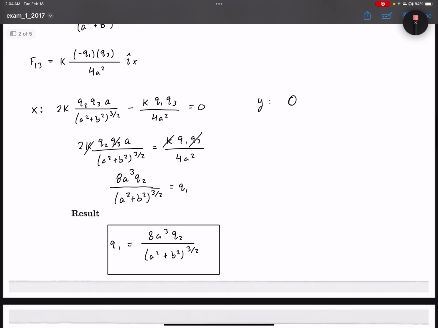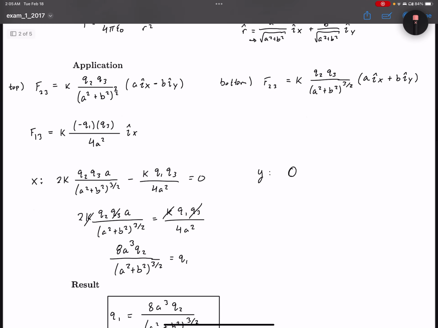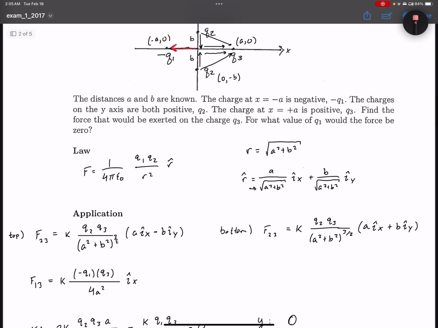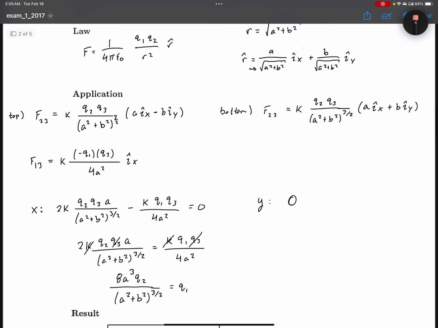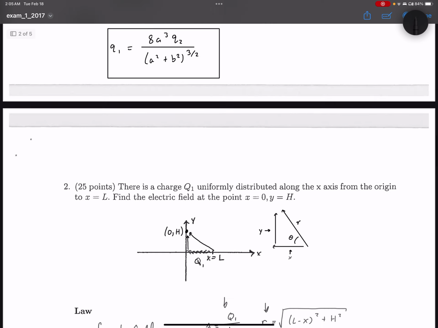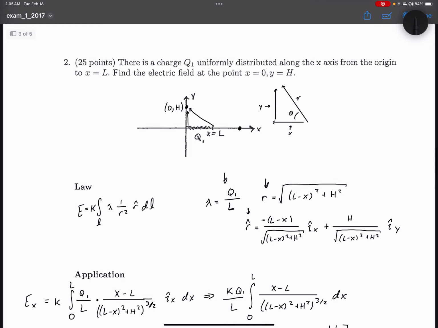Then the superposition question is pretty weird, but most of the time they're going to be asking you what charge would Q3 need to be for the force to be 0, or something like that. And then you just set up these X and Y components like we did here. It's just nice that these canceled out, and I think in most cases they usually will. But I've also seen some superposition questions or line charge questions where the point charge or the point is on the same axis as the line charge, and that usually makes things a little bit easier.